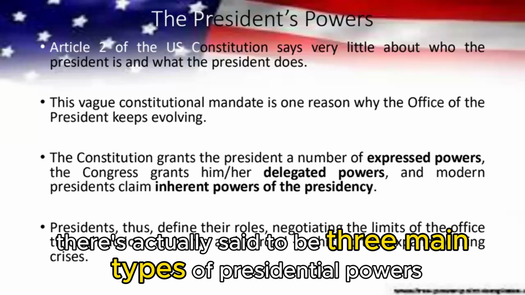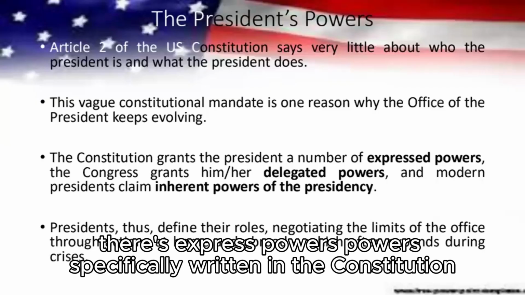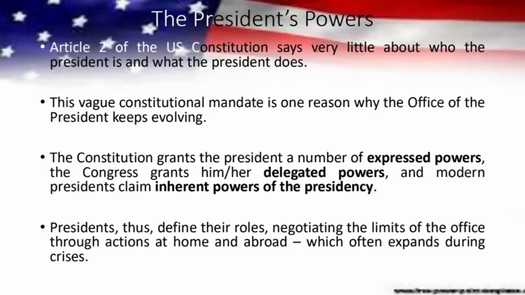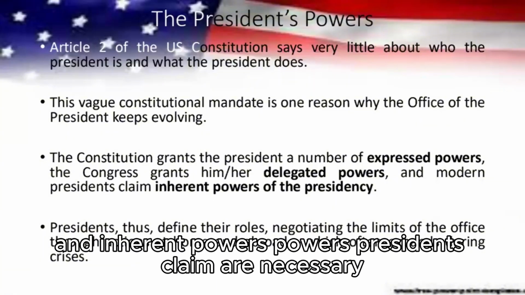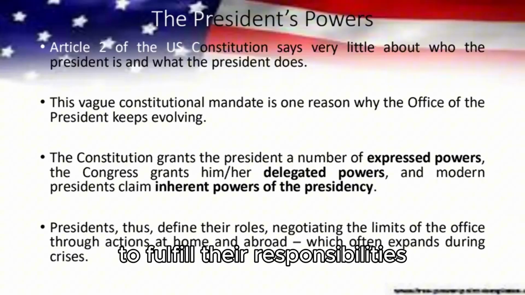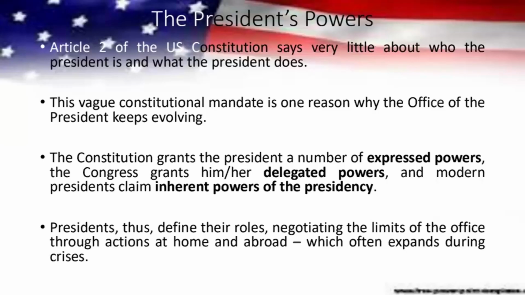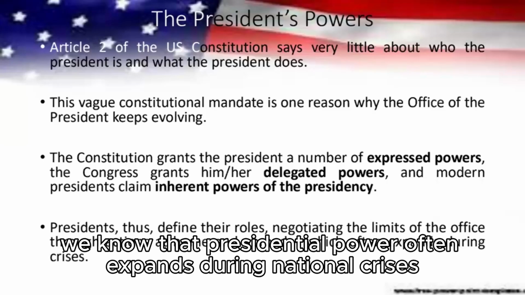Now, there are said to be 3 main types of presidential powers. There are express powers, powers specifically written in the Constitution; delegated powers, powers granted by Congress; and inherent powers, powers presidents claim are necessary to fulfill their responsibilities. With that, we know that presidential power often expands during national crises.